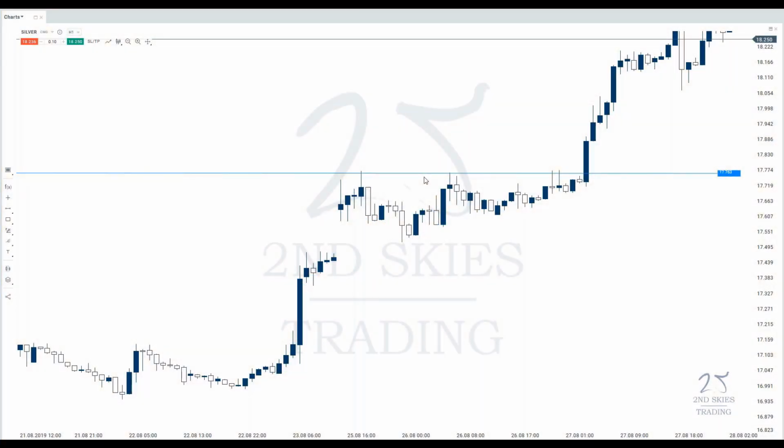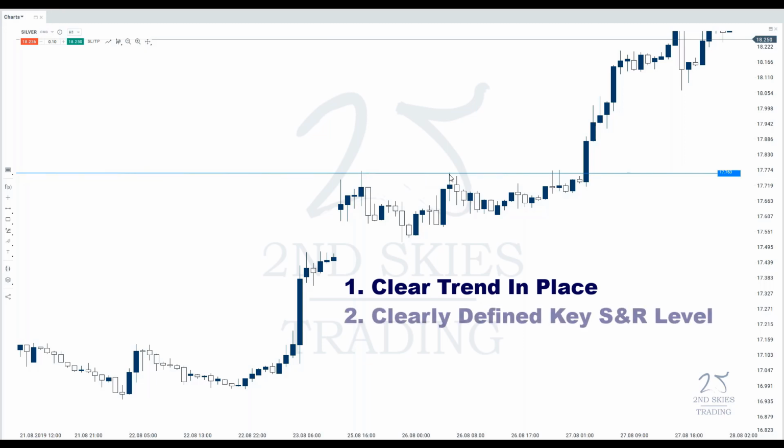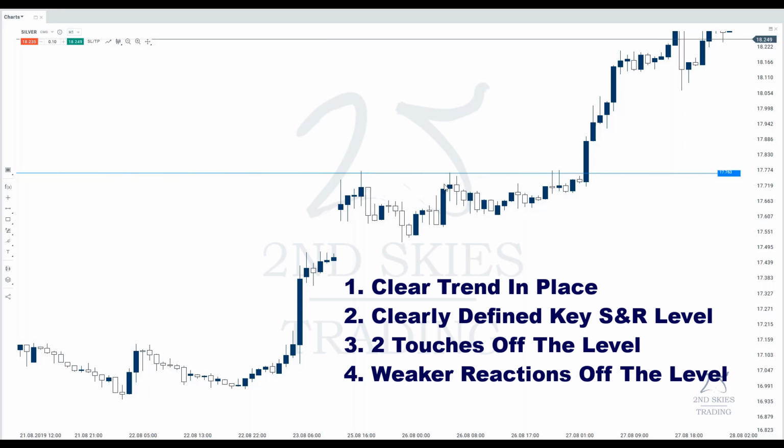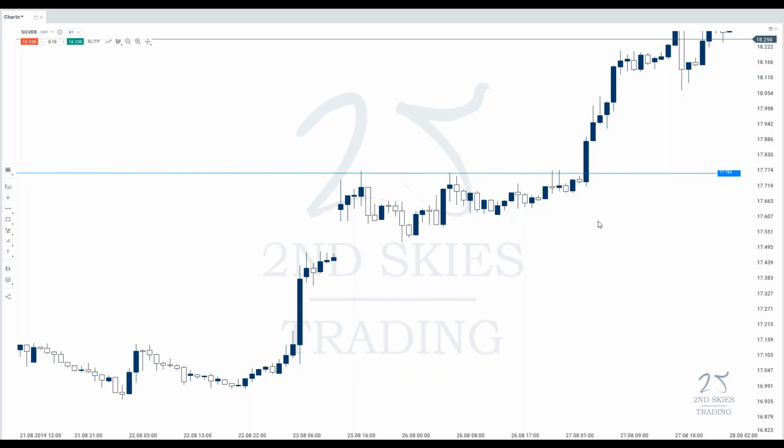So if you have these three things in place, you have a clear trend in place, you're trading with trend. You have a clearly defined support or resistance level, in this case resistance. You have two touches off that resistance level, and then you have weaker reactions. So first reaction and then a weaker reaction. Then we have the conditions in place that are setting up for a high probability breakout.